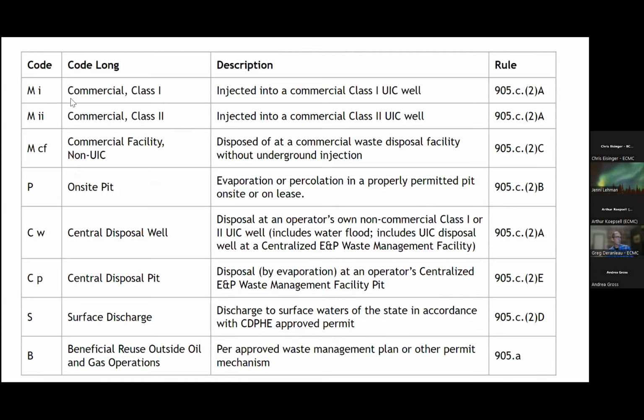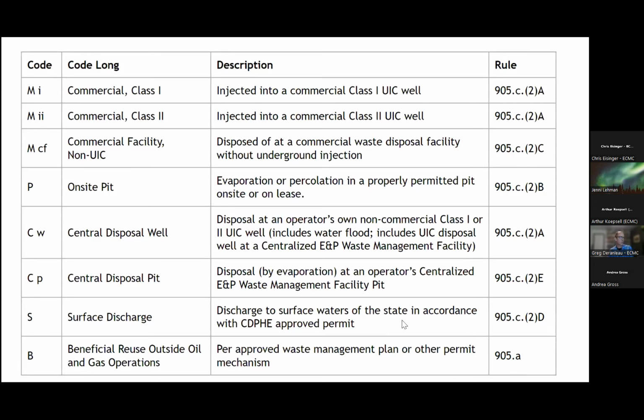So these disposal codes have not changed. The rules establish the allowable mechanisms for produced water disposal. It's important to note that disposal codes and disposal location are only necessary for produced water that is disposed, and not necessary for produced water that is recycled or reused.